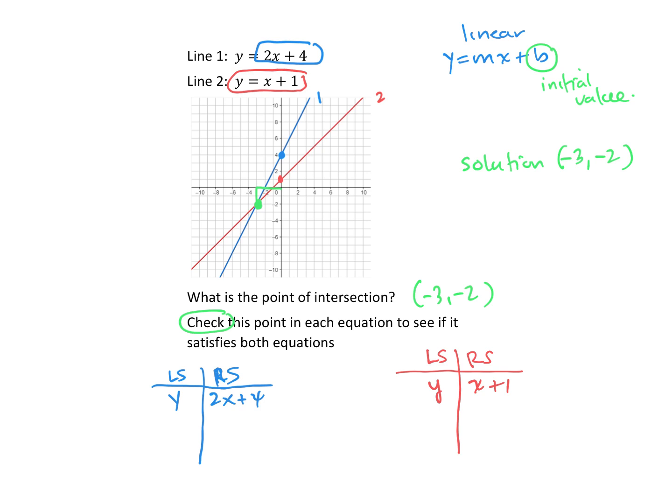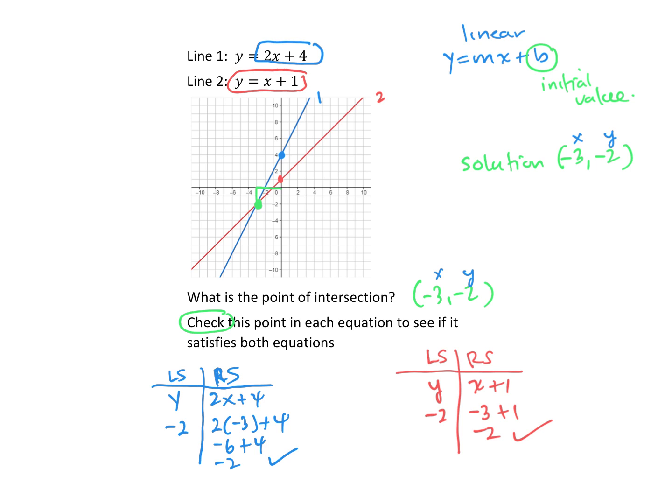We're going to put in the values for x and y into our left side and right side and see if the left side equals the right side. So y = -2 and x = -3. That would be -6 + 4, which is -2. So it checks in the first line, line 1, y = 2x + 4. Then I'm going to try it in line 2. So y is -2, x is -3, -3 + 1 is -2.